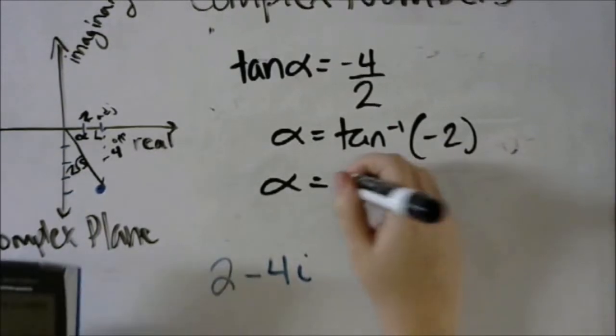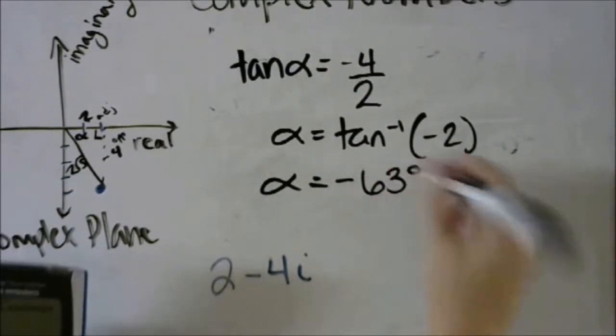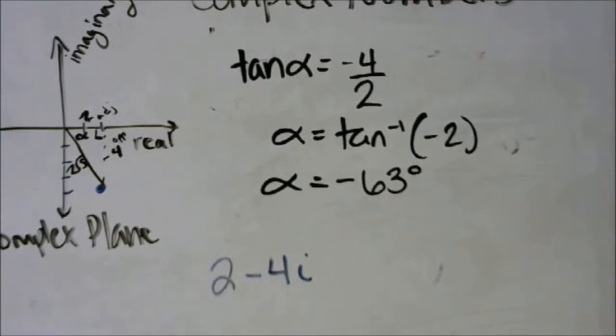You get that alpha is equal to -63 degrees. However, when writing our complex number in trigonometric form, we want to use the smallest possible positive angle.